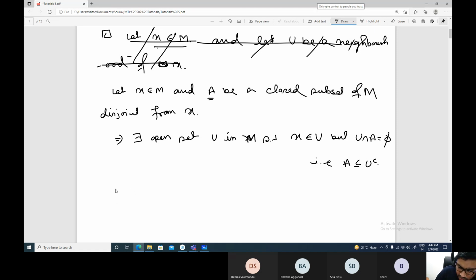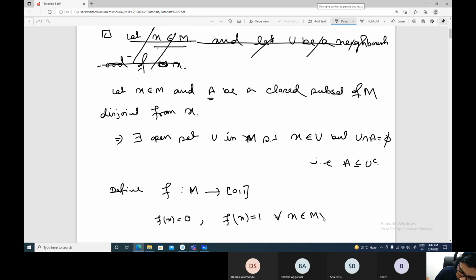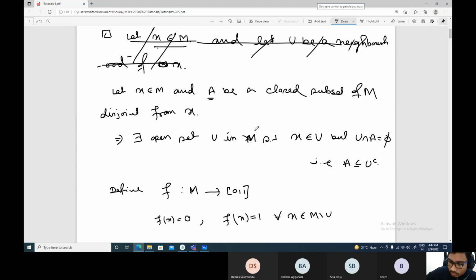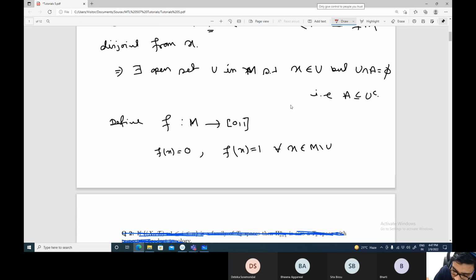Now let us define the function f from M to [0, 1]. How? f(x) is equal to 1 for all x belongs to M minus U. Let me give you the picture. Suppose this is your space, this is the upper one.